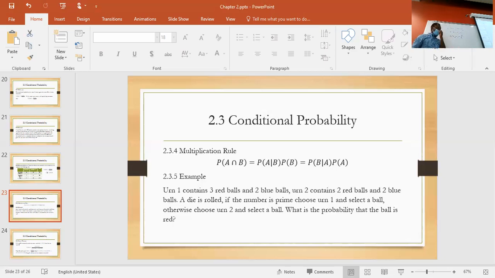We get this, right? So the probability of A1 intersection A2 will be the probability of A1 times the probability of A2 given A1. Which will be 4 over 52 times 3 over 51, which is 1 over 221.